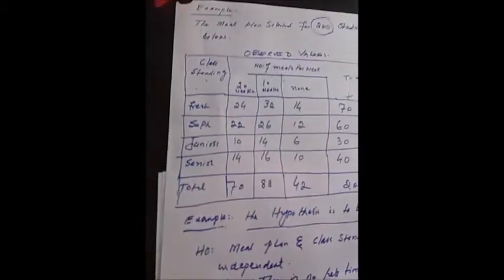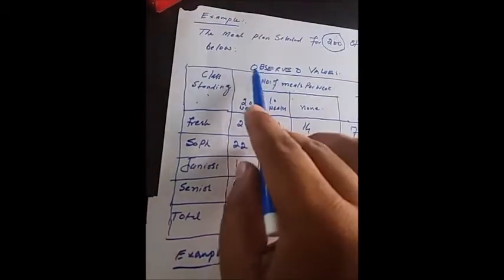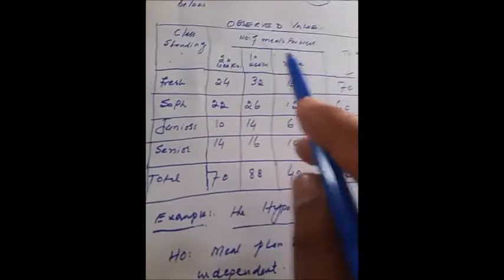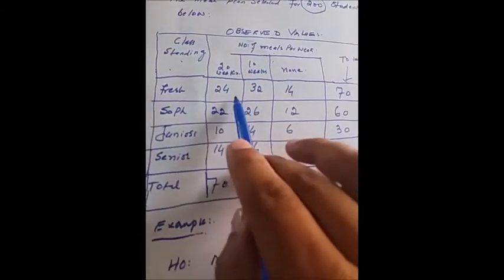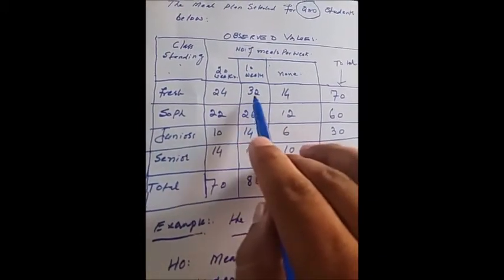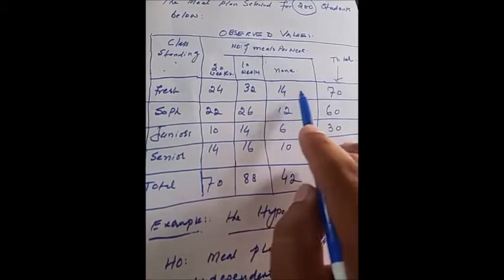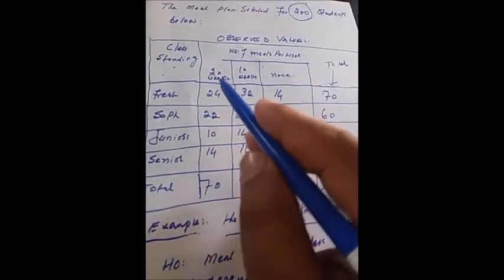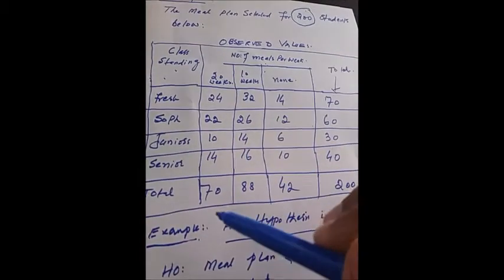From the observed values, the row total for freshmen is 24, 32, 14, equal to 70, and the column total for 20 weeks is 70.